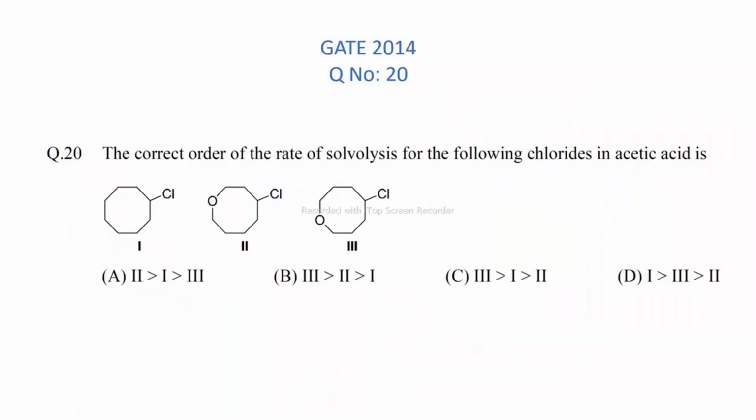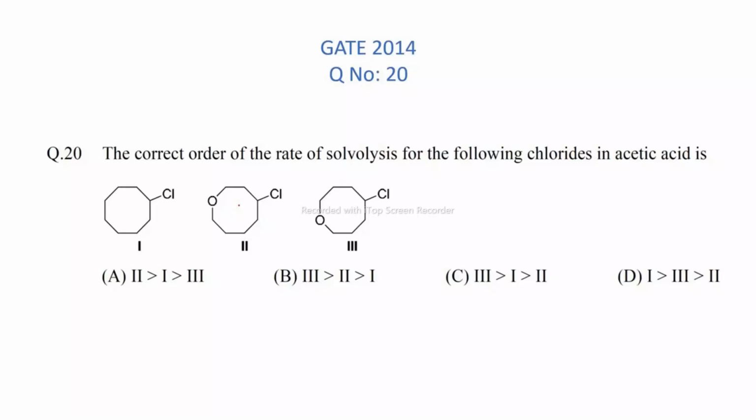Then solve this one. Now we're going to discuss one GATE question from GATE 2014, question number 20. The correct order of the rate of solvolysis for the following chlorides in acetic acid is. In options 1, 2 and 3, all are 8-member ring systems with chlorine, and in options 2 and 3 the oxygen is placed at a defined position.